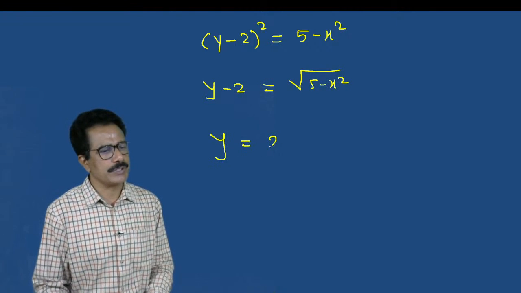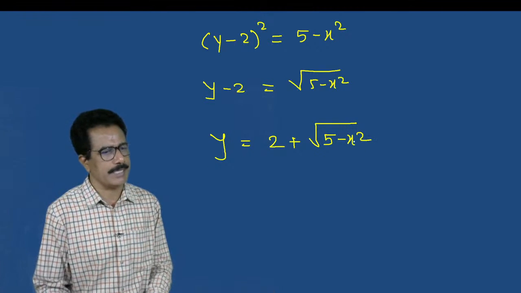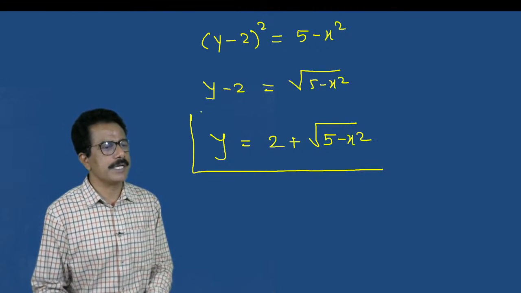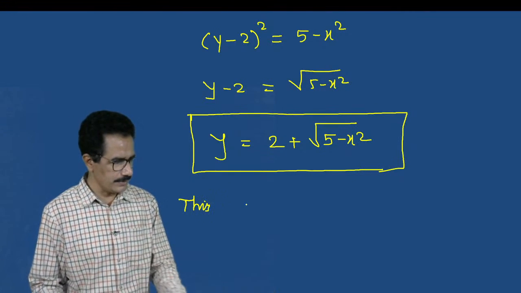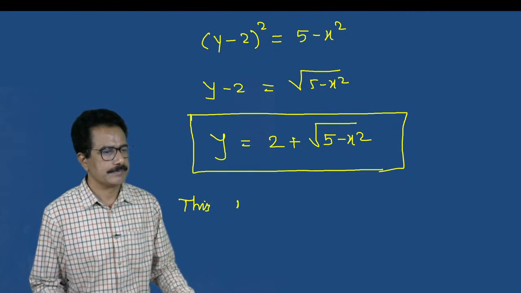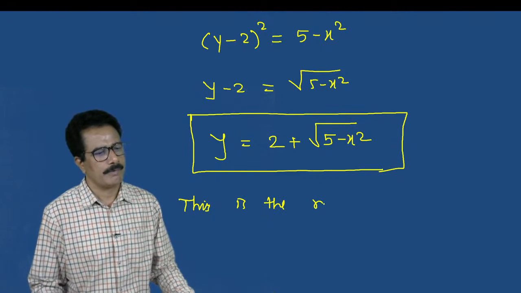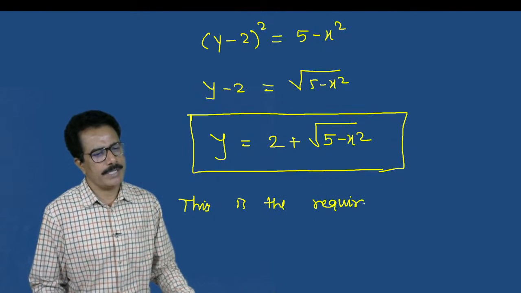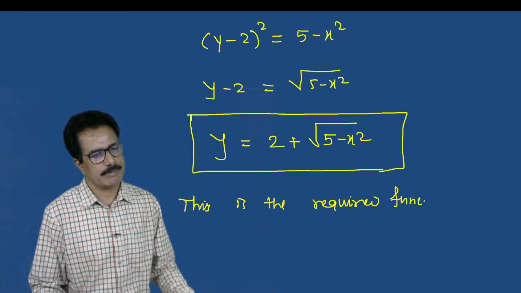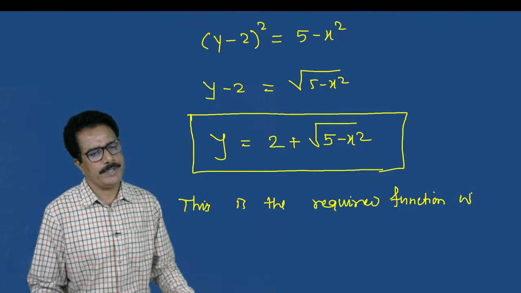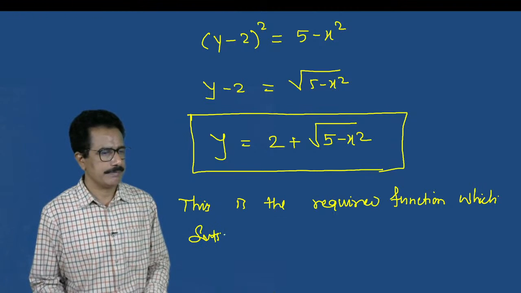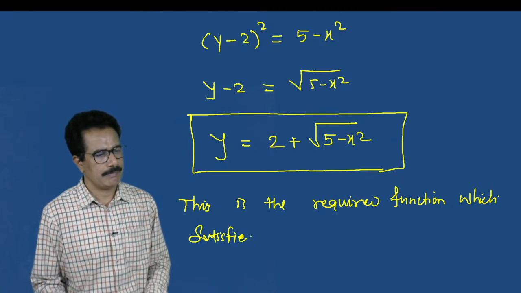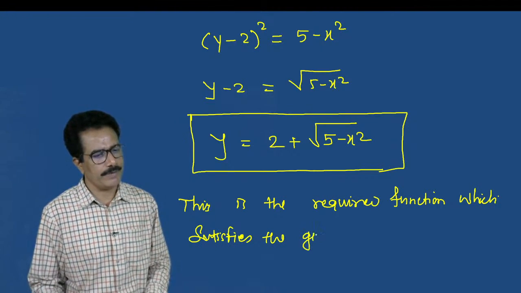So y is equals to 2 plus root of 5 minus x square. This is the required function which satisfies the given functional.